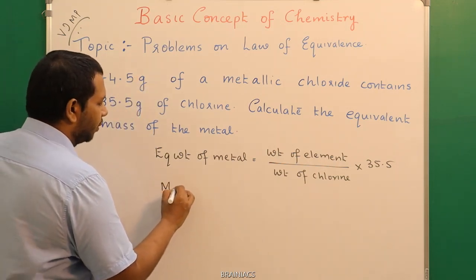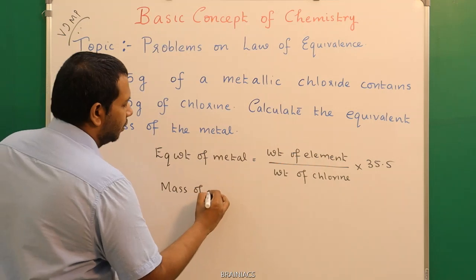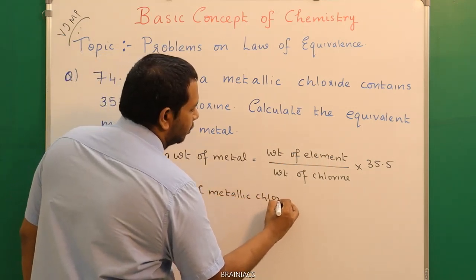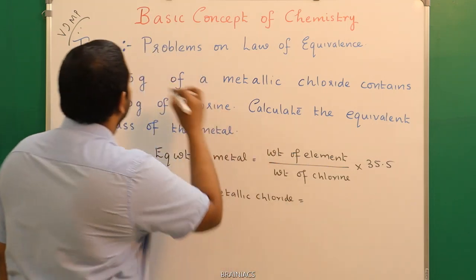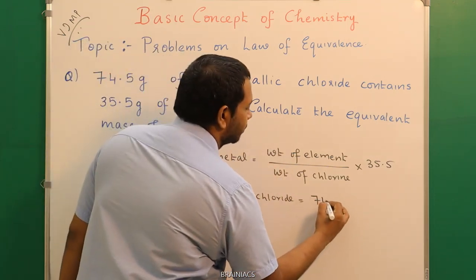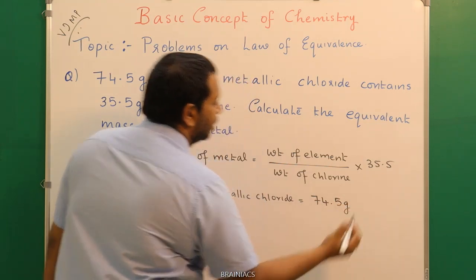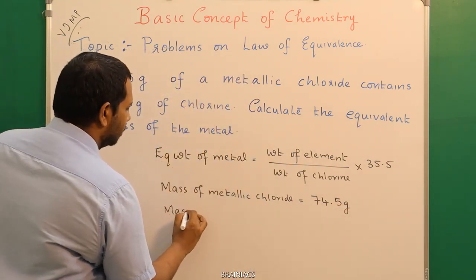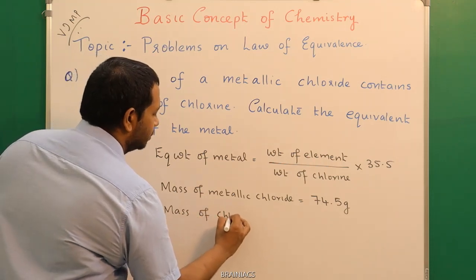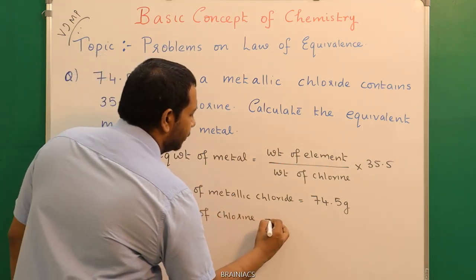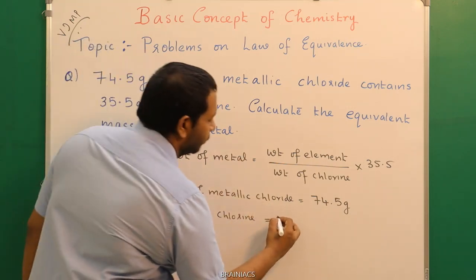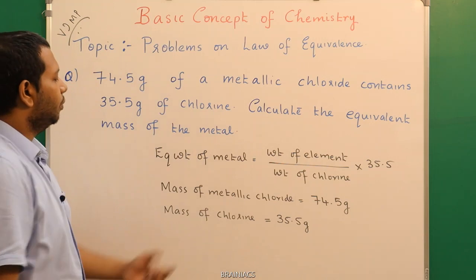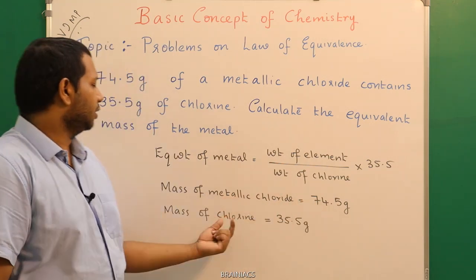Mass of the metallic chloride, they have given it as 74.5 gram. Now mass of the chlorine is equal to 35.5 gram.